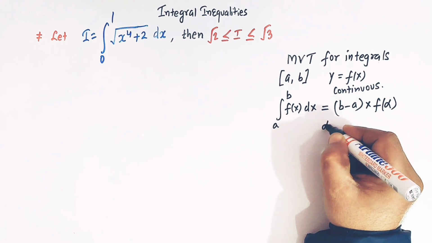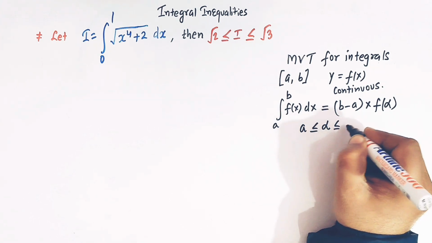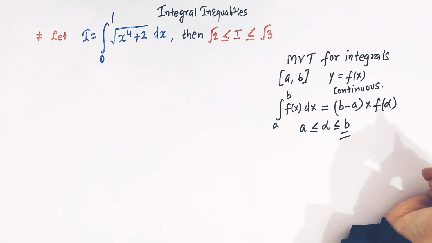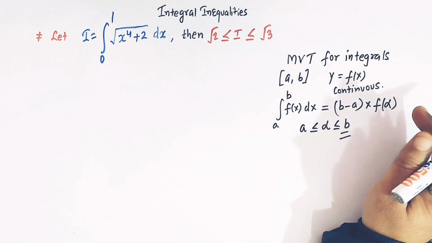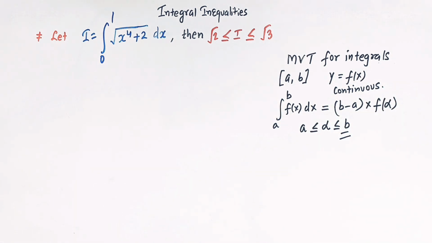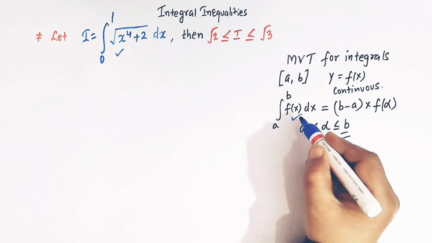Where alpha is some number which lies between a and b, right? So this is the mean value theorem for integrals, and this is a very useful result for solving these kind of problems.